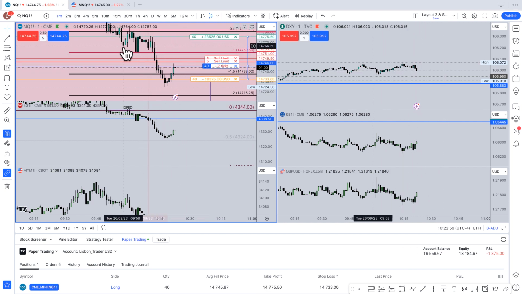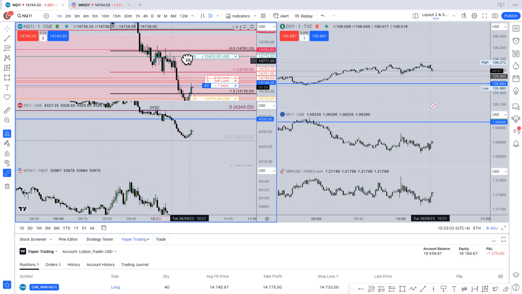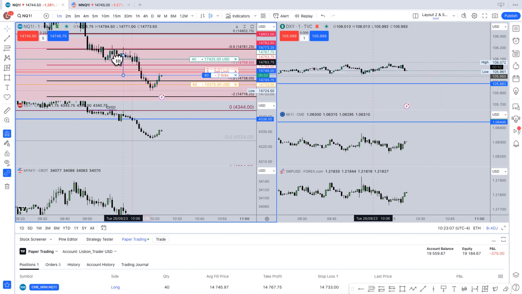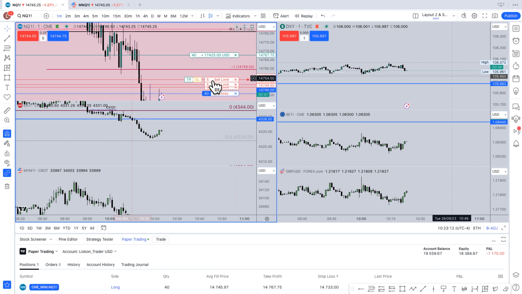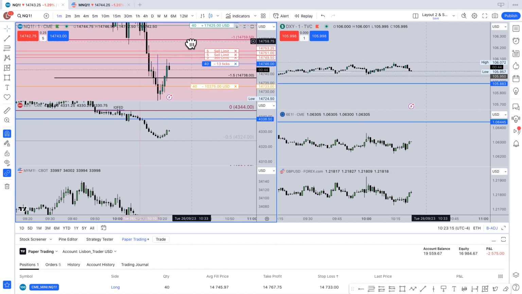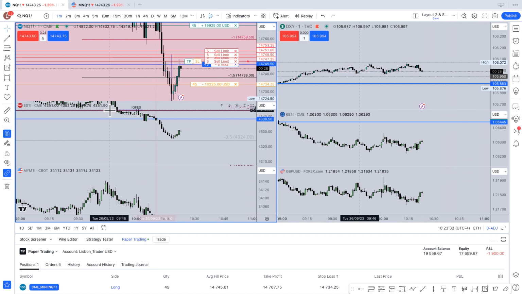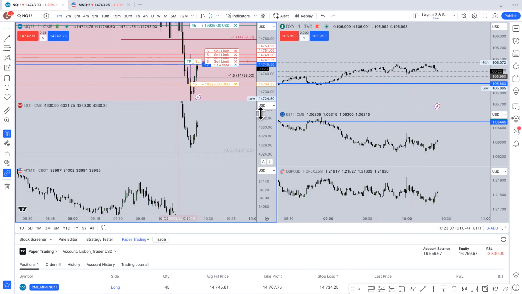This might want to come above to this level. At least somewhere around here for the buy stops. Run.